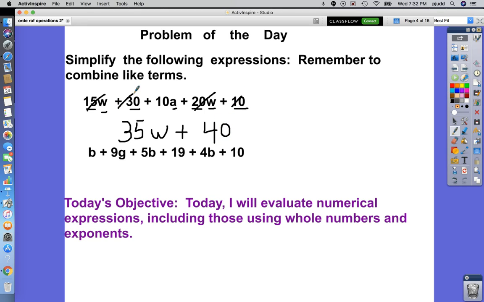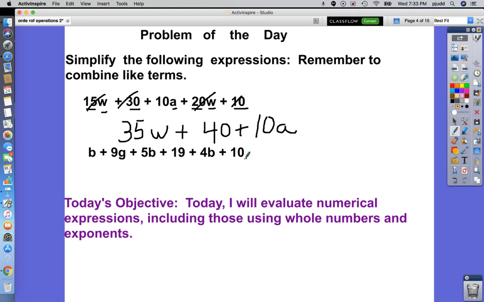So those are taken care of. And I have one term left, and that's 10A. I can't really combine 10A with anything else, so I just write it down. And that's as simplified as I can get.